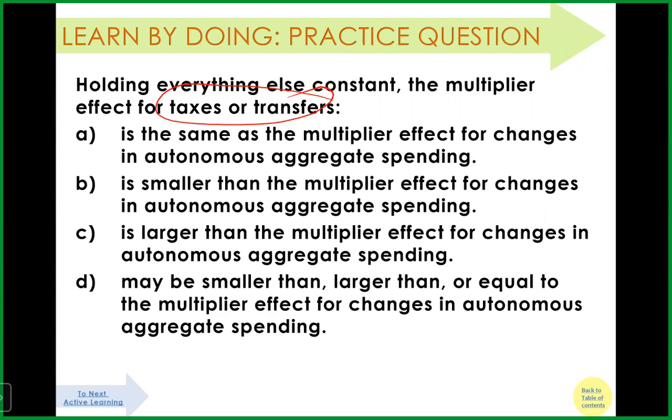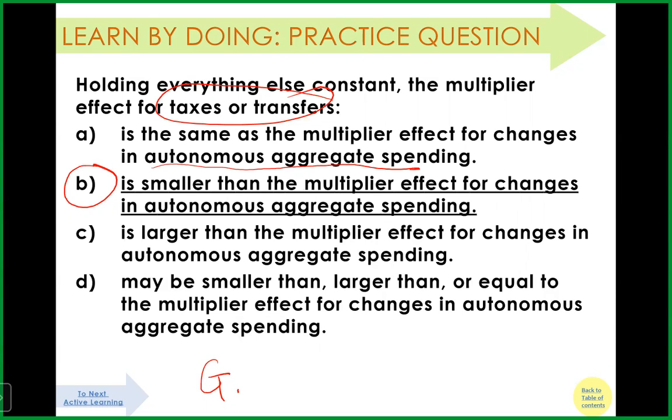Let's go one by one. It's the same as the multiplier effect of a change in autonomous aggregate spending. This is almost equivalent to a change in G, so this is a change in the spending. So that just means this is probably going to be smaller.